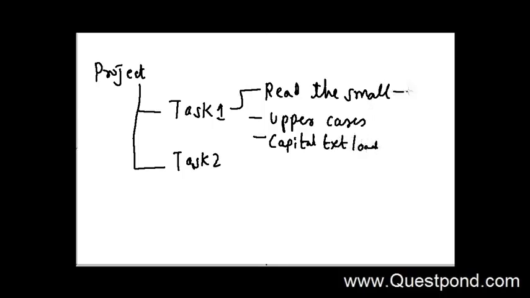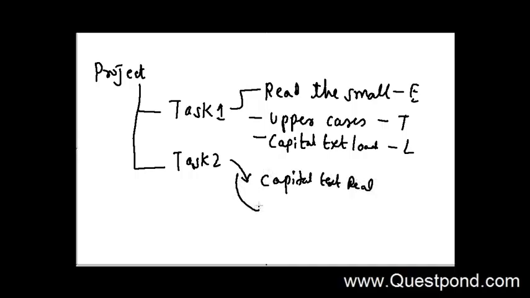So this read is nothing but your extraction, the upper casing is your transformation, and the capital text loading is your loading. In task two, we'll read this capital text file. There is no transformation here; we're just going to load the capital text file into a SQL table.